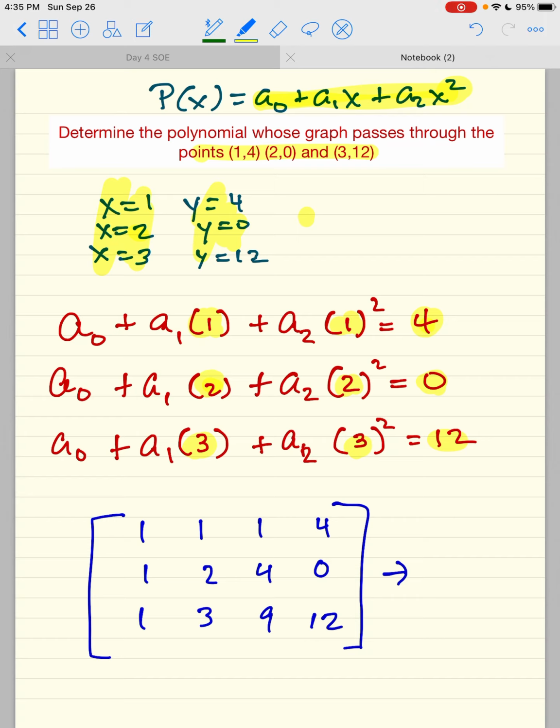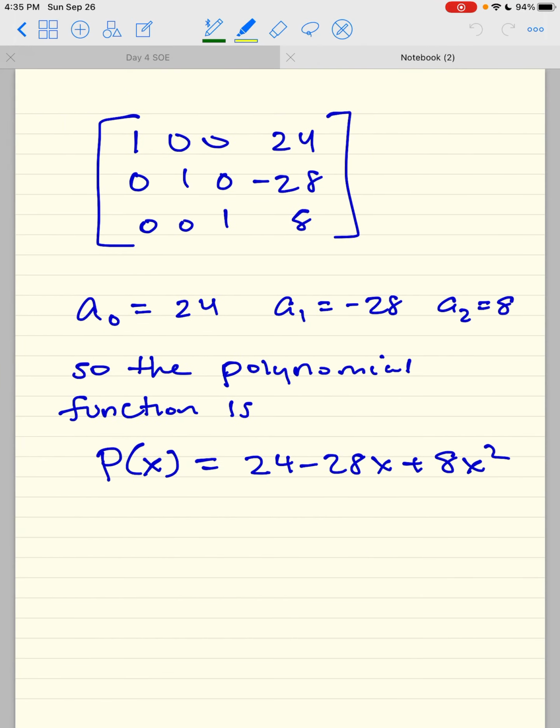So I took all of these coefficients, so there's a 1, 1, 1, so that's this. I took the 1, 2, 3, so that's this. I took the 1, 4, 9, that's your next column, and 4, 0, 12, and that's my last column. And the truth is, I used our graphing calculator to reduce it really quickly because we already did that in section 1 and section 2. I don't want to go through the entire procedure.